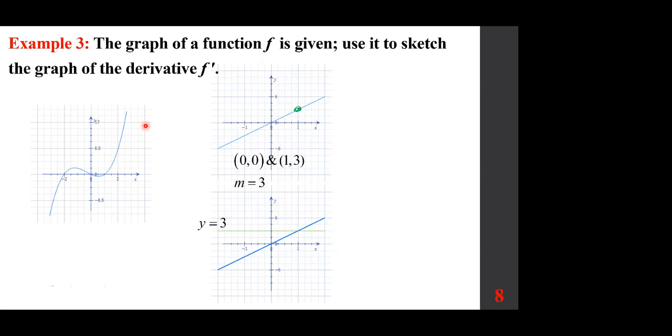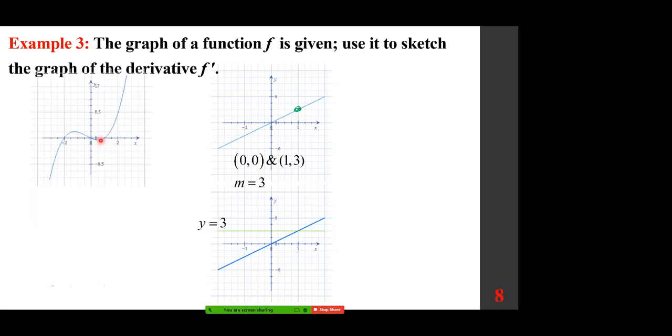How about this one? This point corresponds to 0, this point corresponds to 0, and this point, class, maybe I just, again, I try to graph this and I'm going to erase it. So let's see, let's go with the red one. So this corresponds to 0, this corresponds to 0, and this corresponds to 0 right here. Now this portion is what? Increasing.